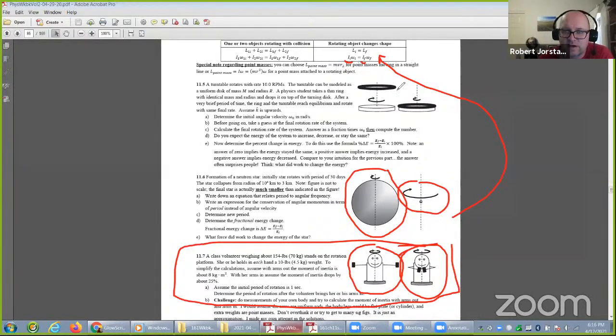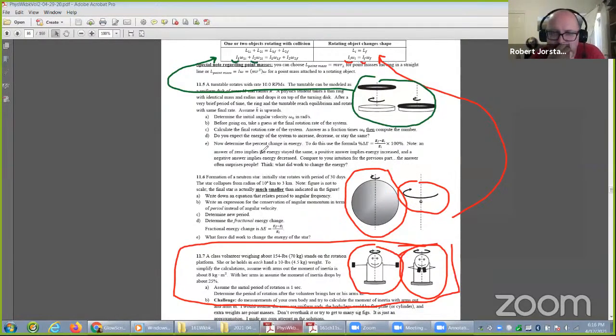Whereas this one up here shows two objects colliding. So there it makes sense to have I1 and I2 because they have different omegas to start. And that's the difference I wanted to point out. Christian, are you good with that?